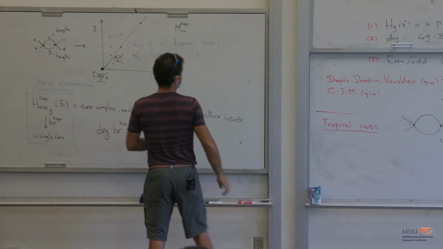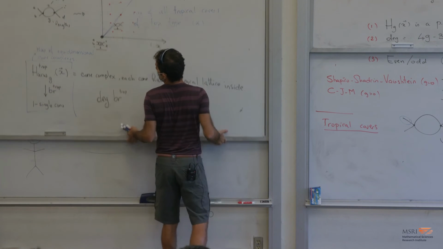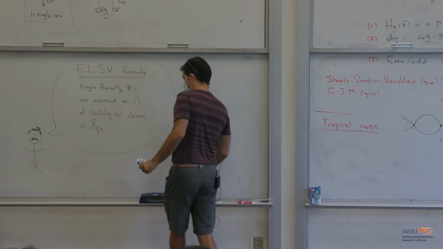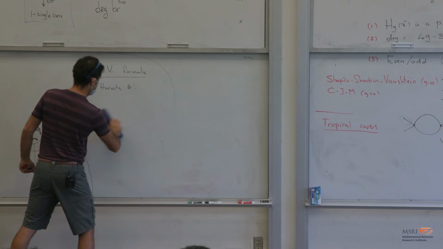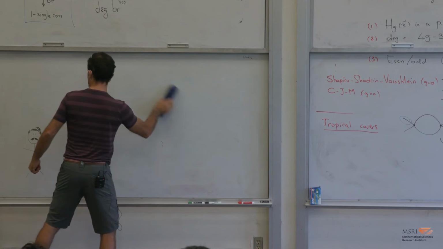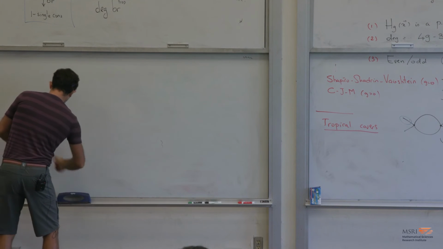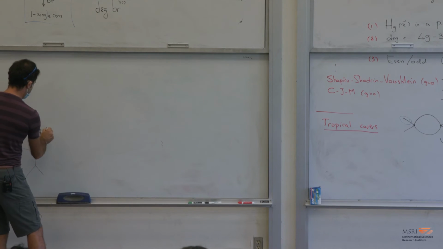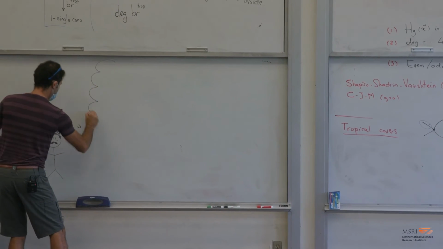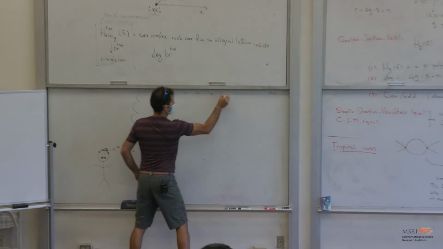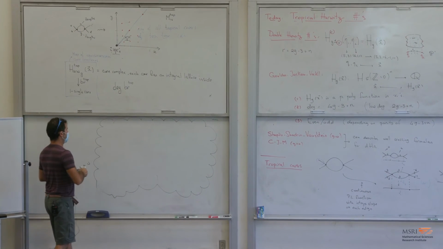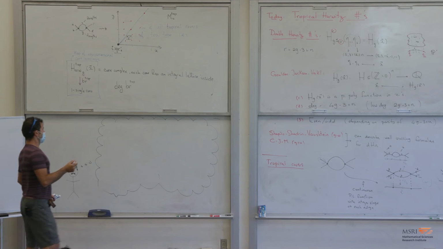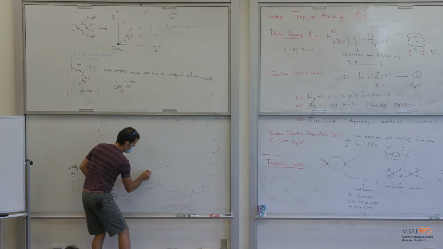Let me draw a picture, so what I say might hopefully be clearer. Let me leave Vance here. And what is Vance thinking right now? What Vance is thinking is that you start with a cone down here.